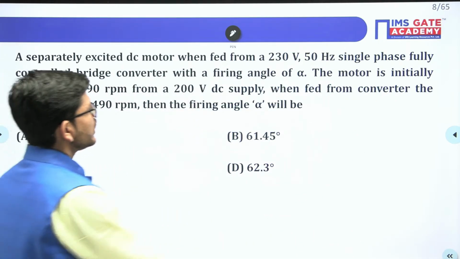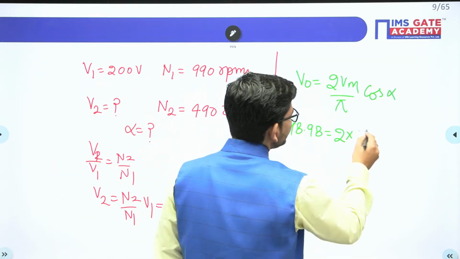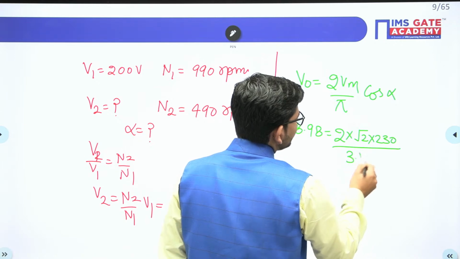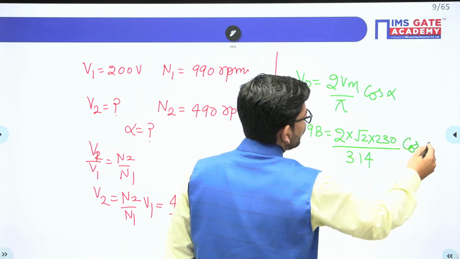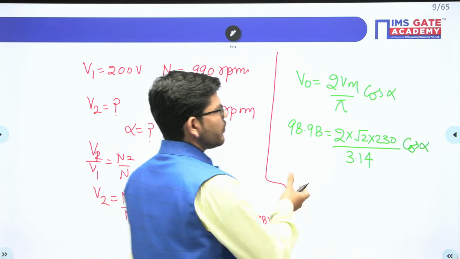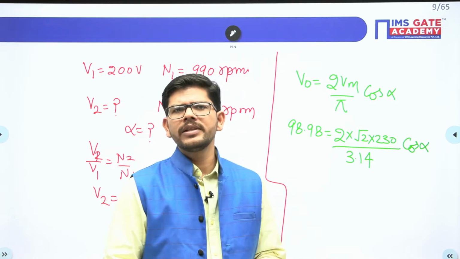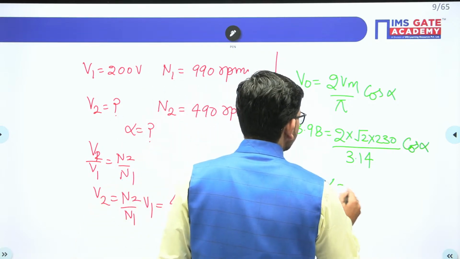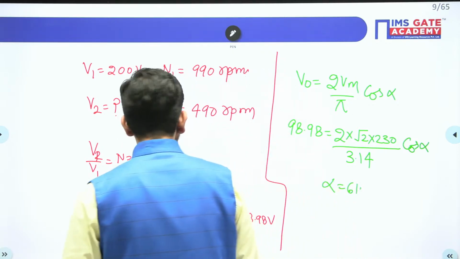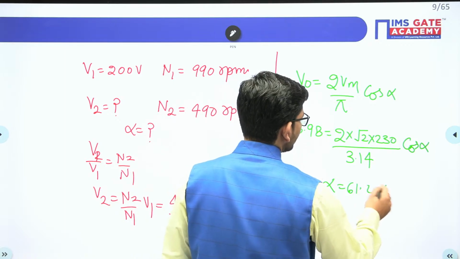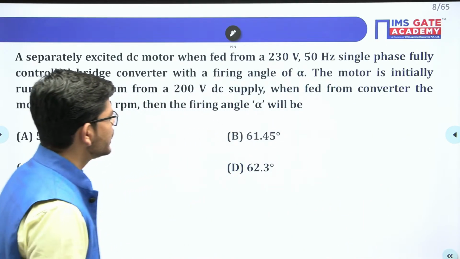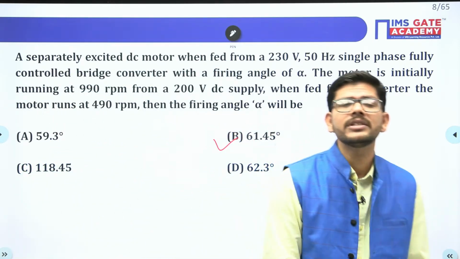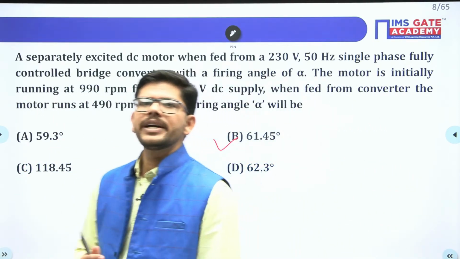Vm is root 2 into 230, the source voltage, divided by pi, that is 3.14, cos of alpha. If you solve this equation for alpha, alpha comes out to be 61.45 degrees. Do we have any option which contains this? Yes, we have 61.45. So this is how we can solve this question as well.